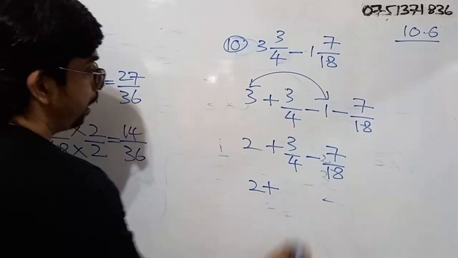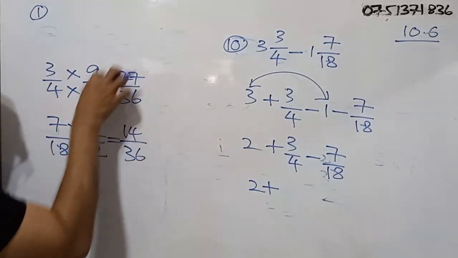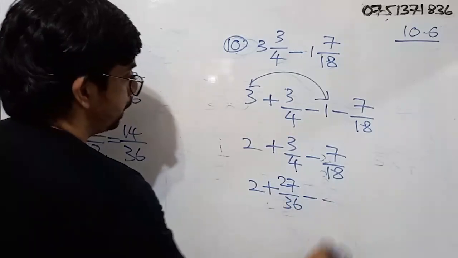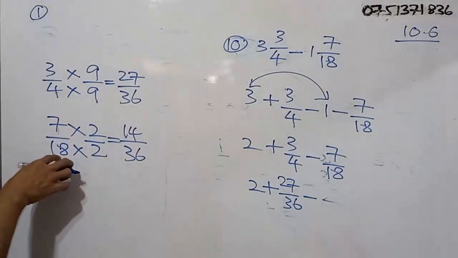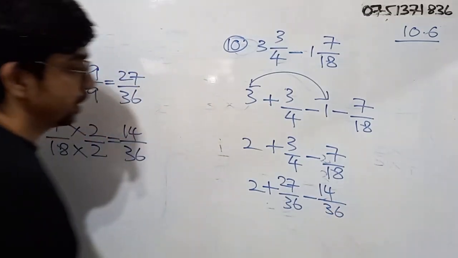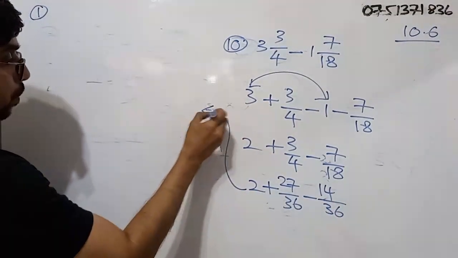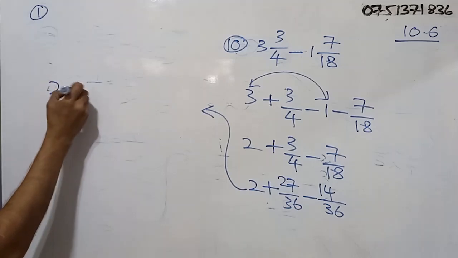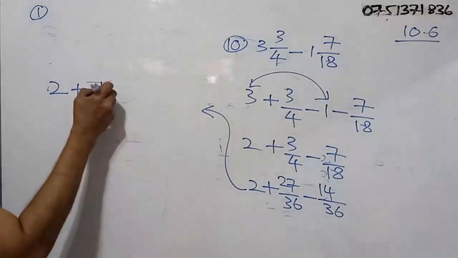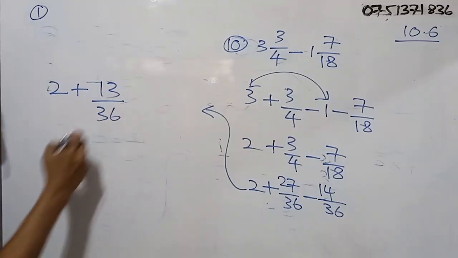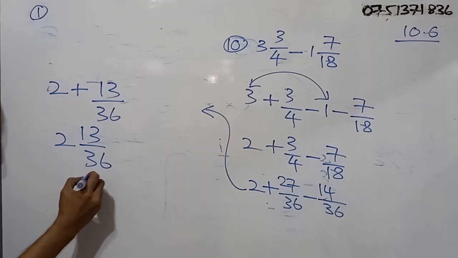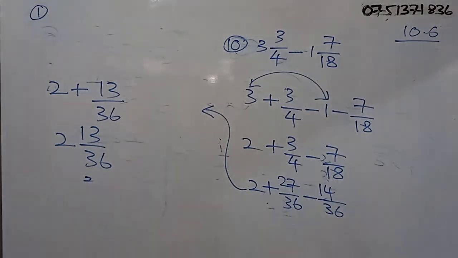So 2 plus, instead of 3 by 4, I can write 27 by 36 minus, instead of 7 by 18, I can write 14 by 36. Right, so now I will continue over here. So 2 plus 27 minus 14, what is that? 13. 13 by 36. So that means 2 and 13 by 36. We can't further simplify this anymore.